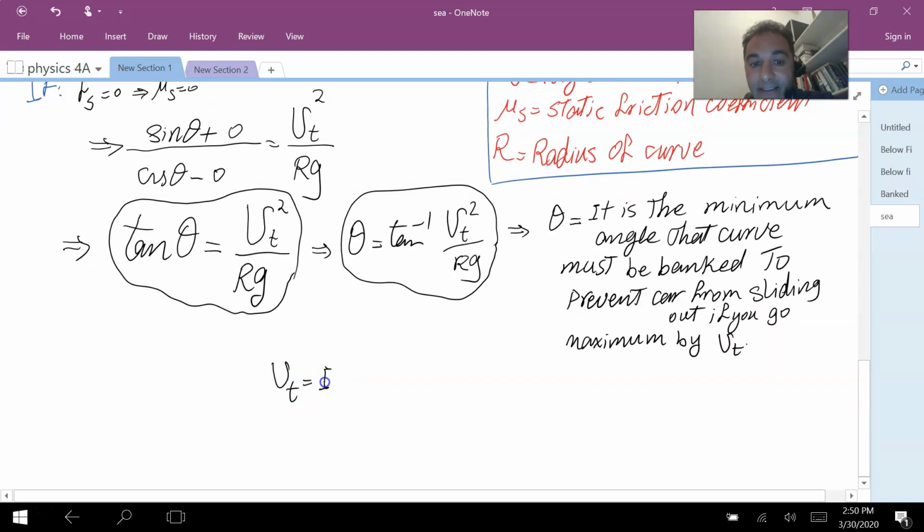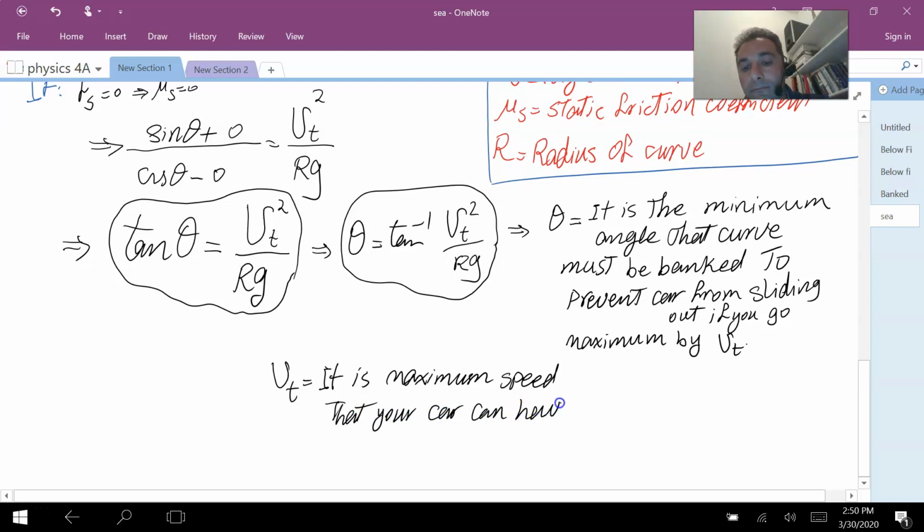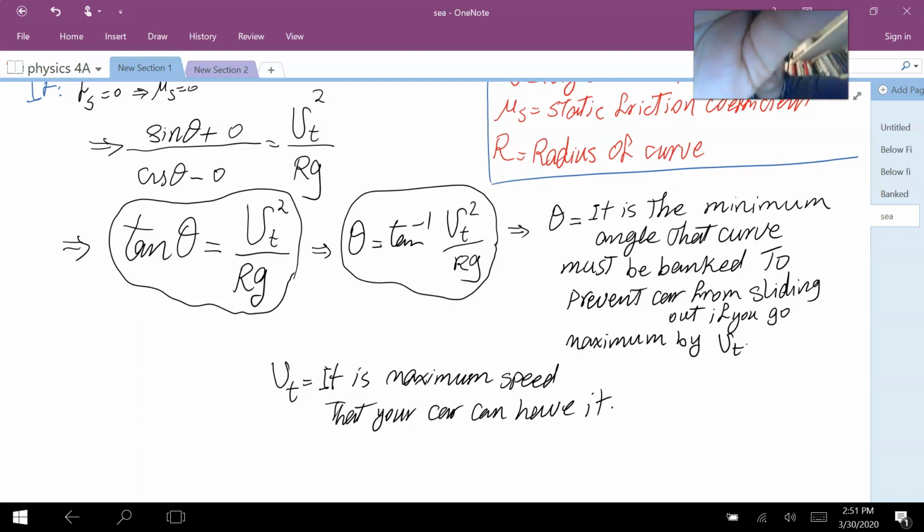Vt is, pay attention, the maximum speed that your car can have. That's the maximum. If not, your car will slide out, and we all will be in the hospital if we go with higher speed than the sign says on the curve.